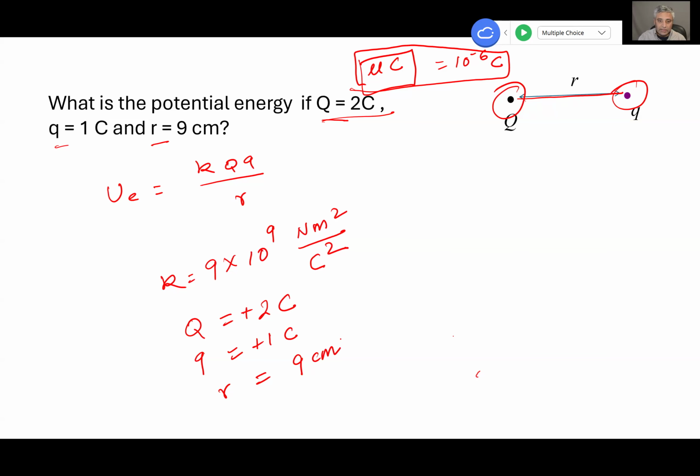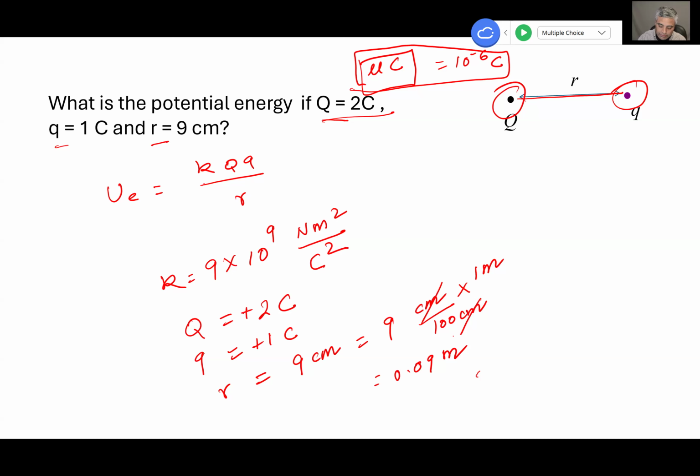We need to convert that to meters. There are 100 centimeter in 1 meter, so centimeter cancels, giving us 0.09 meters. So all these numbers are known.